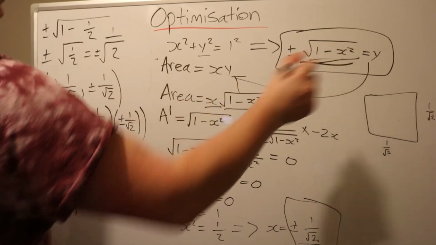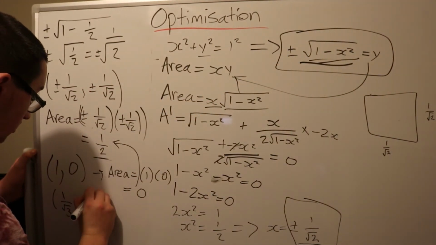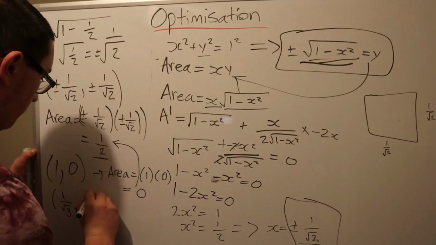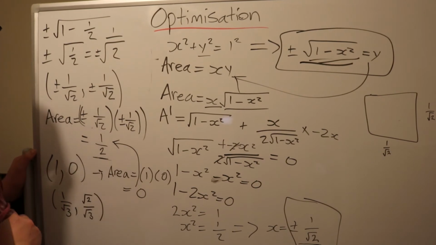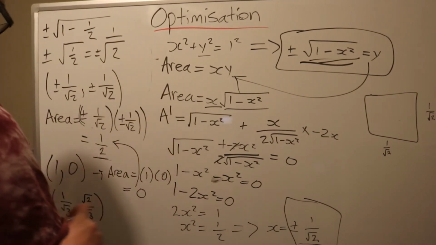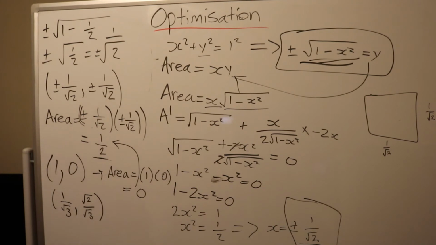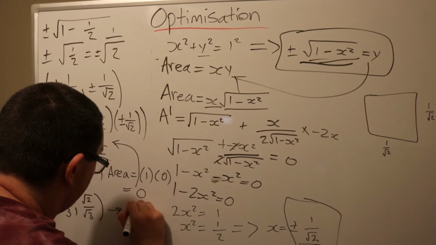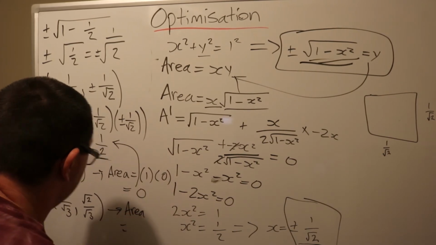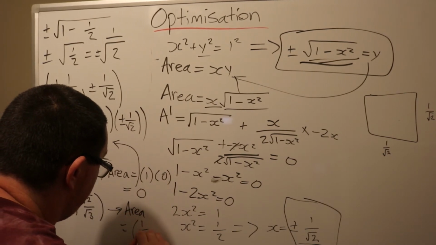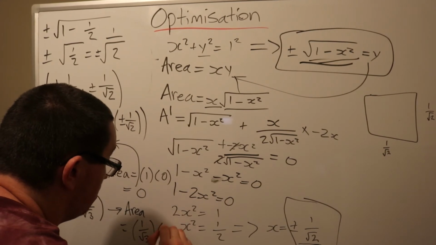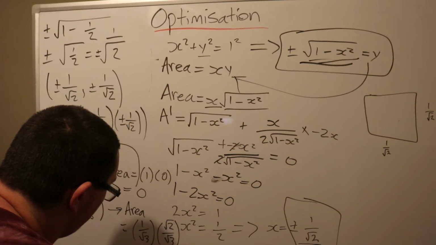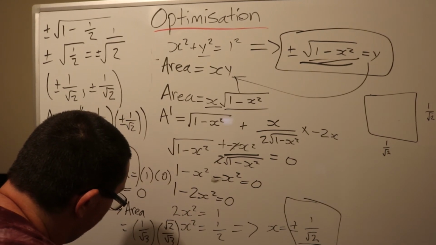The square root of that is root 2 over root 3. And if we multiply that through into this formula of the area, we will get area is equal to 1 over root 3 multiplied by root 2 over root 3. And that will give us root 2 over 3.